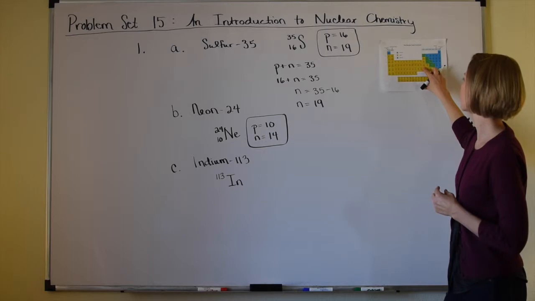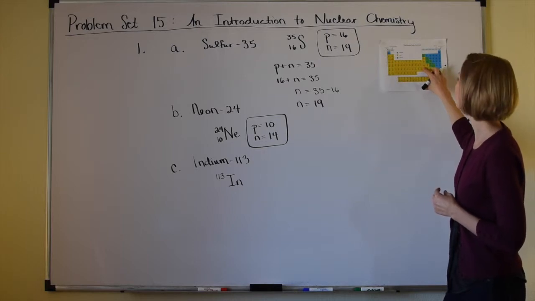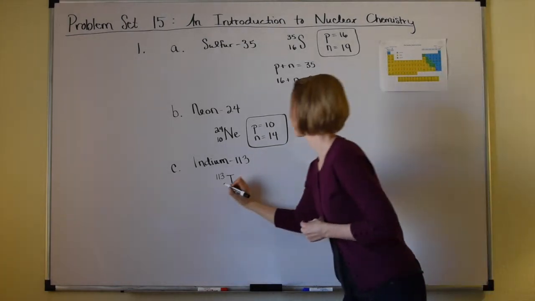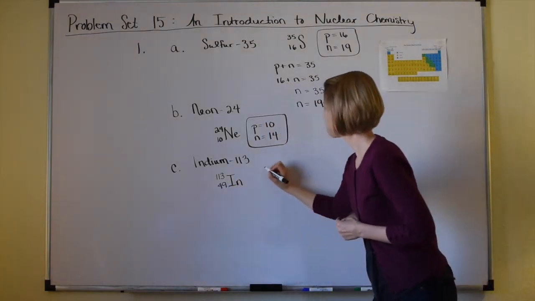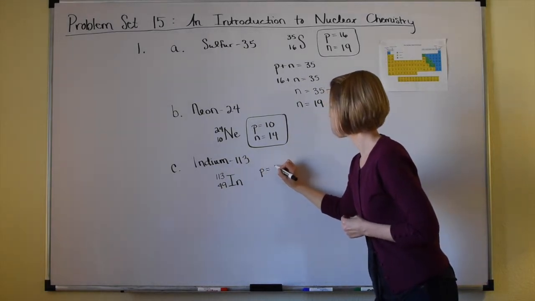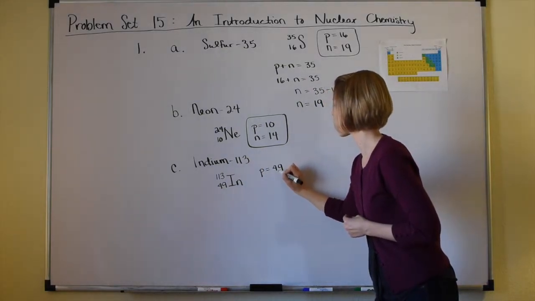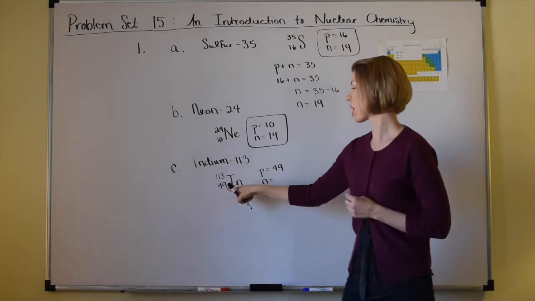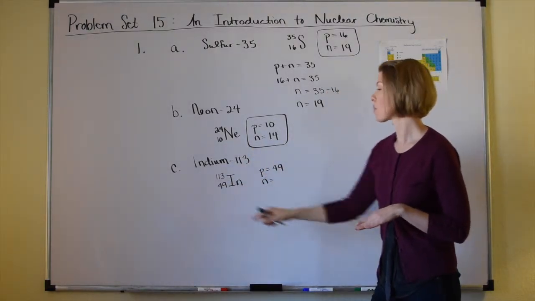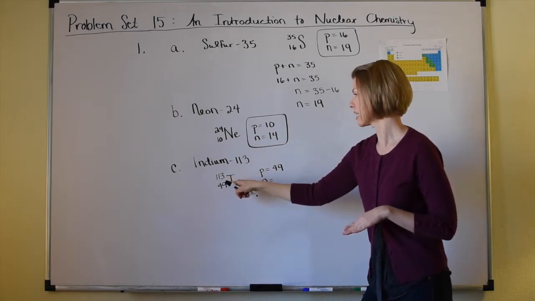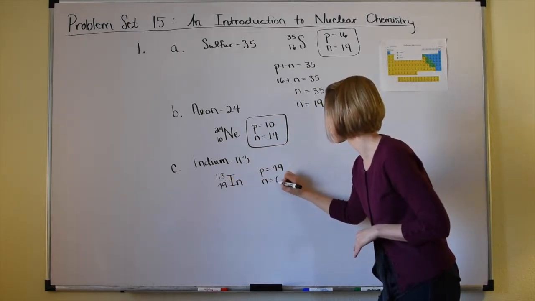If you're having trouble finding it, look in group 3A, and it has an atomic number of 49. Okay. So the number of protons must be 49. The number of neutrons we would find from subtracting 49 from that 113. Okay, so what's that going to be? 64.